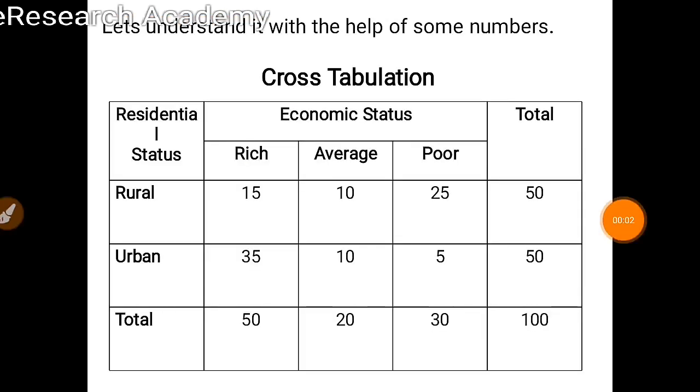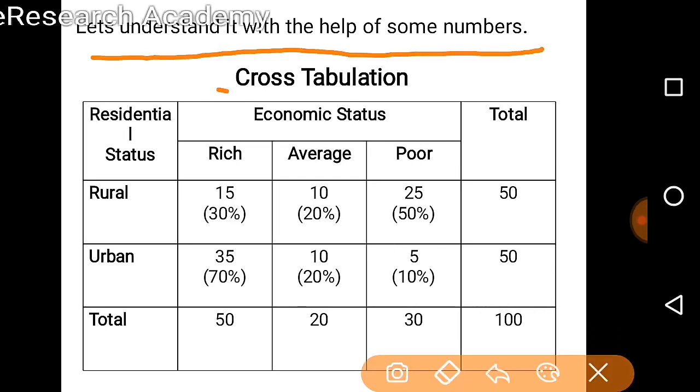So friends, let's understand the chi-square test of independence with the help of some numbers. Here we have a cross tabulation. This cross tabulation is also known as a contingency table, and sometimes it is also known as a bivariate table, because here are two variables: one is residential status, another is economic status.